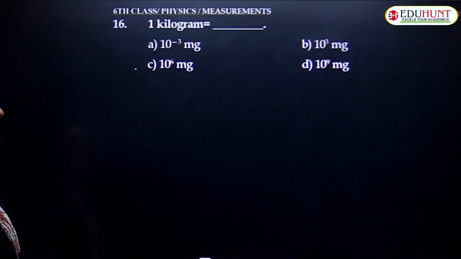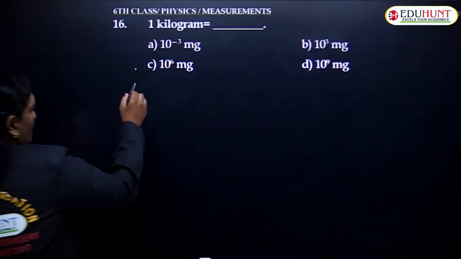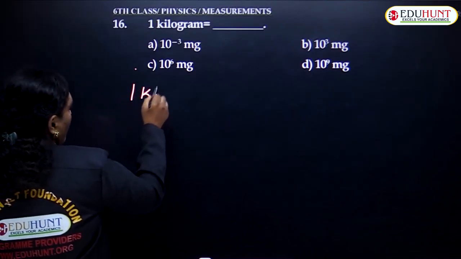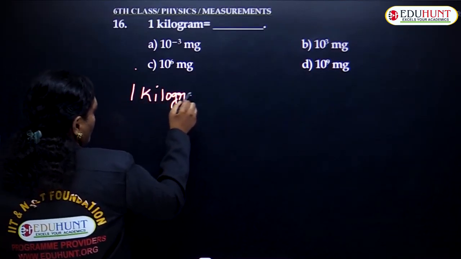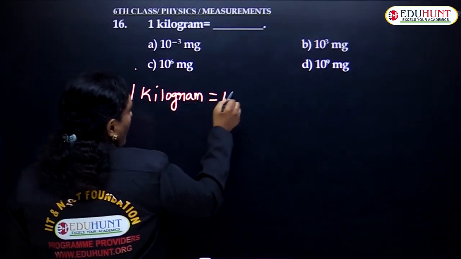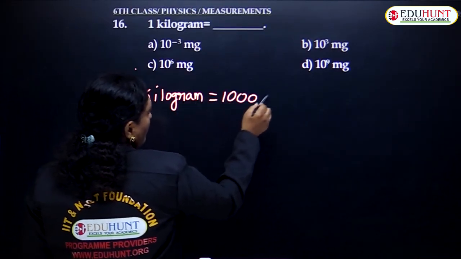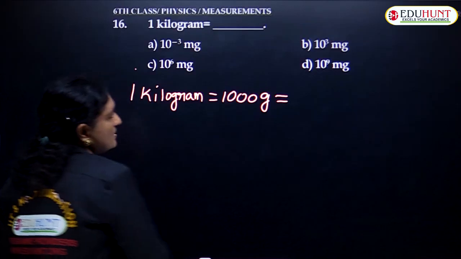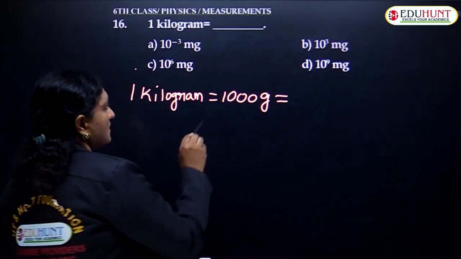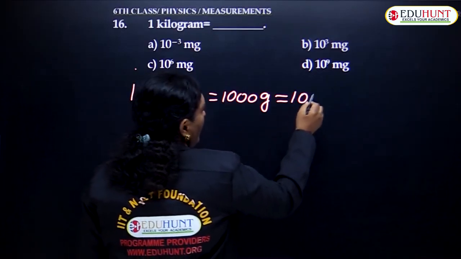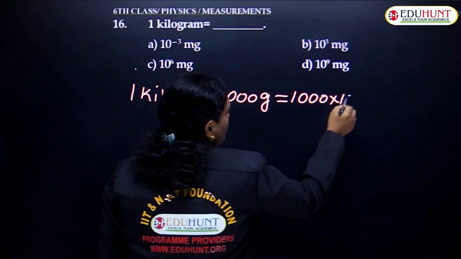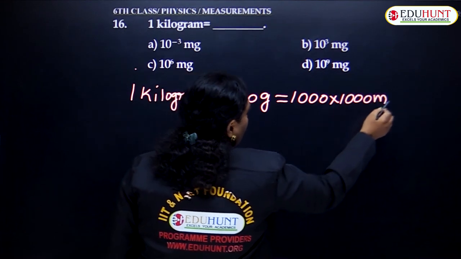Next, 1 kilogram you need to convert into milligrams. So, children, 1 kilogram is equal to 1000 grams. In the beginning of the chapter, we already told you. So 1000 grams, and every gram can be written as 1000 milligrams.